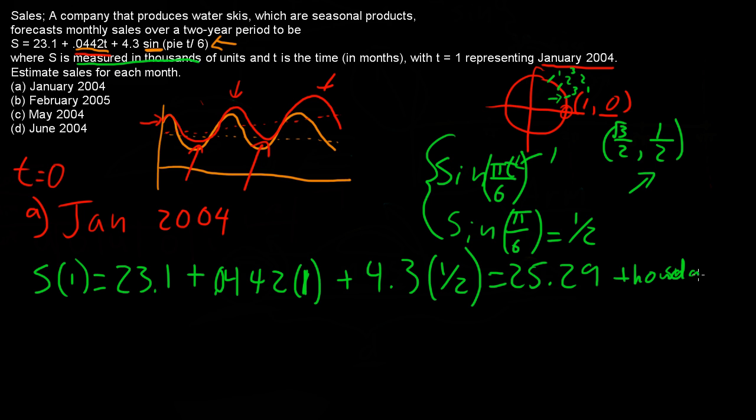So don't forget, if there's some kind of unit here, let me write that a little nicer, 1,000. Whenever you have some type of unit in your word problem, you want to include that unit in the answer. That just makes it more correct.